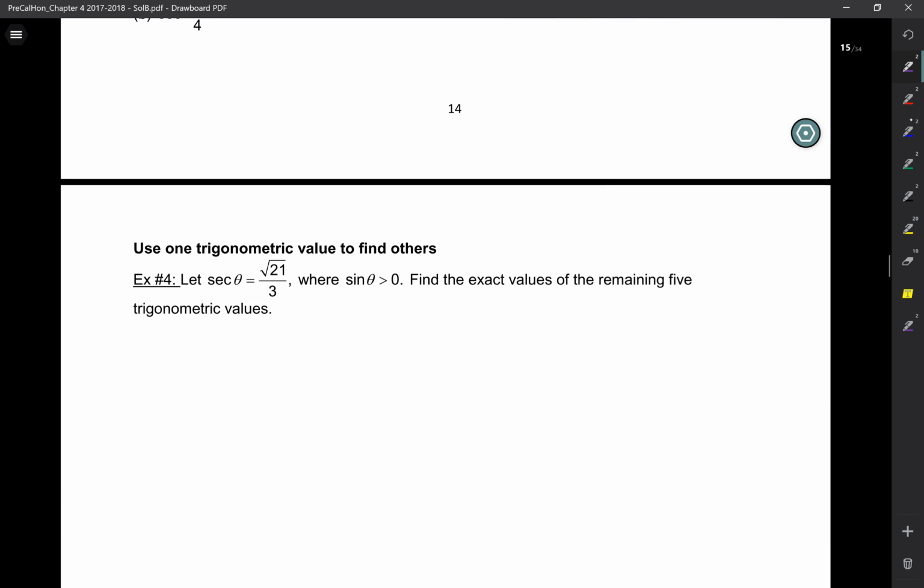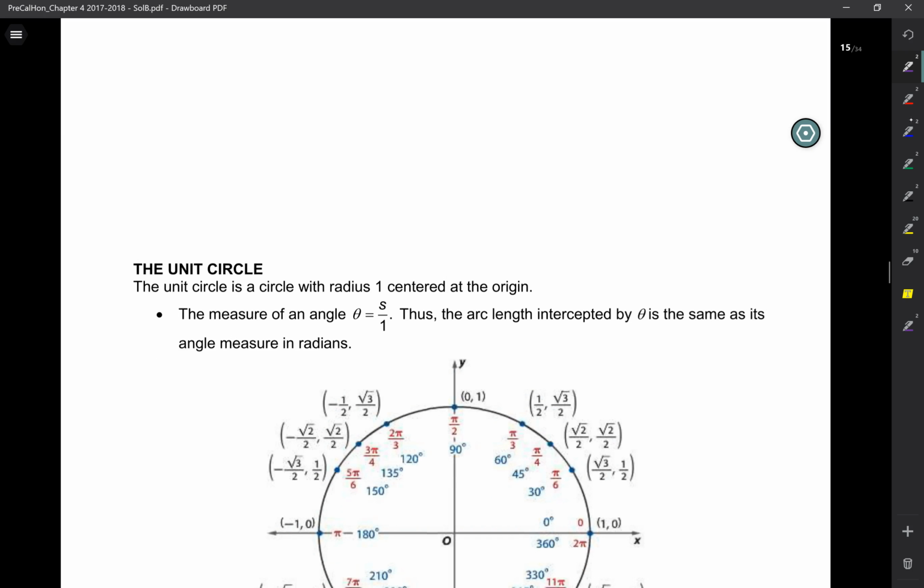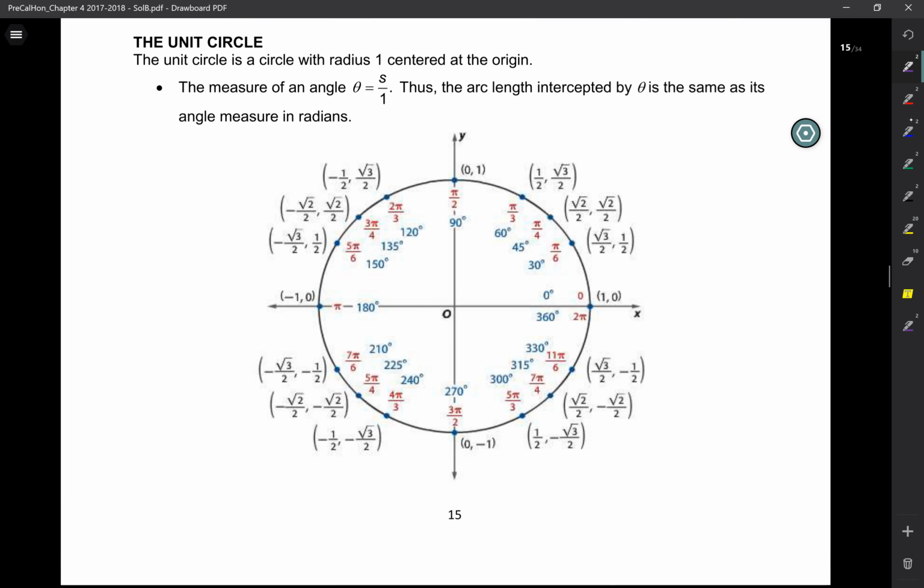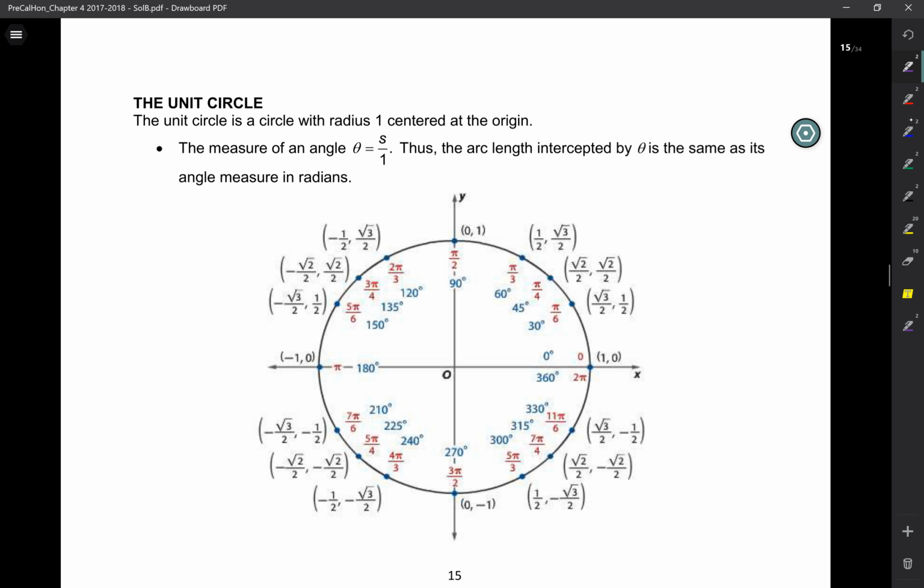Okay, before I do this, let me go on. Let me do a little bit on the unit circle, and I'm going to come back. Okay? All right. We said, I know I've mentioned this before, we said that if you have a 30, 60, 90 triangle, that the ratios, if the short leg is 1, this is root 3 times the short leg.